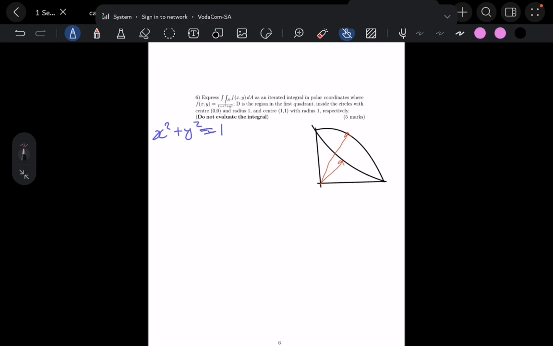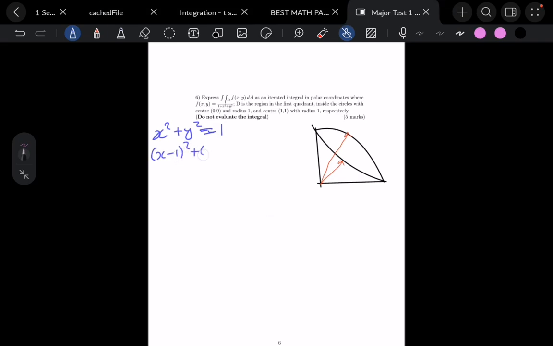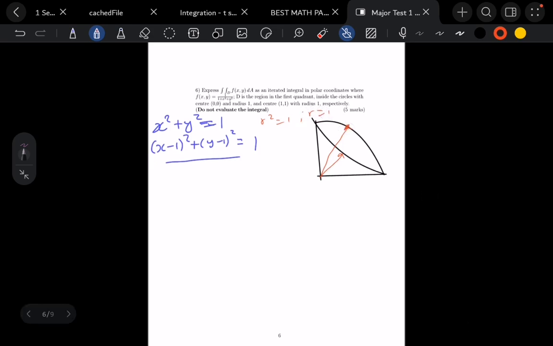The second one, it is x minus 1 all squared plus y minus 1 all squared is equals to 1. We know here that x squared plus y squared is equals to r squared, right? Which means r squared is equals to 1, so r is 1. So the outermost function has the radius of r is equals to 1.